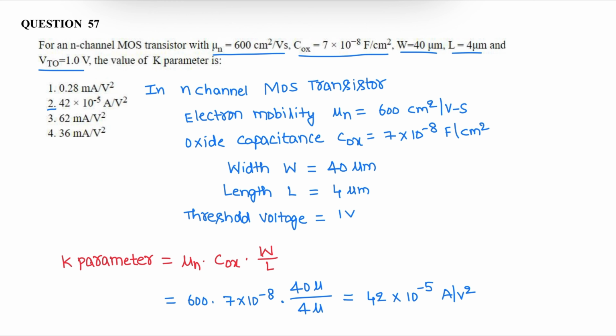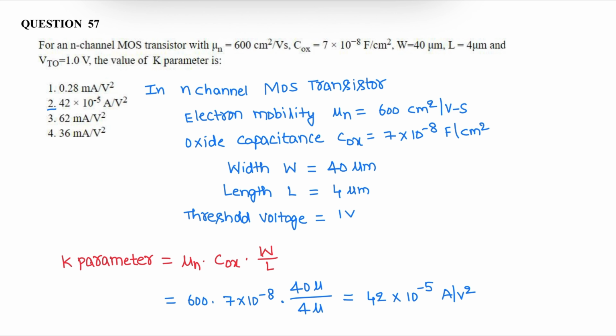So in the N channel MOS transistor, given electron mobility 600 centimeter square per volt second, oxide capacitance 7 into 10 power minus 8 farad per centimeter square, width 40 micrometer, length 4 micrometer, threshold voltage 1 volt.